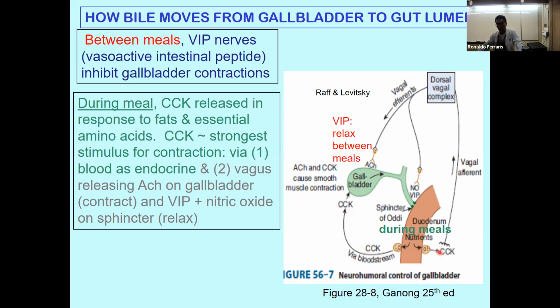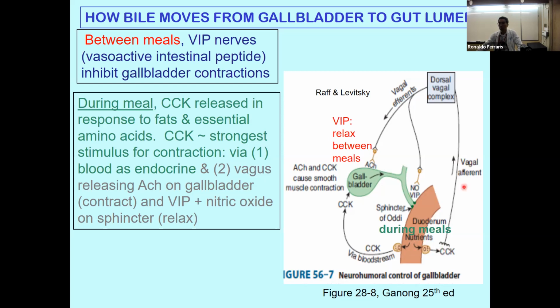CCK is also detected by vagal afferent nerves, whose nerve endings have CCK1 receptors. These CCK1 receptors detect the presence of CCK, which tells them, hey, there is a lot of food in the lumen of the duodenum that needs to be digested.